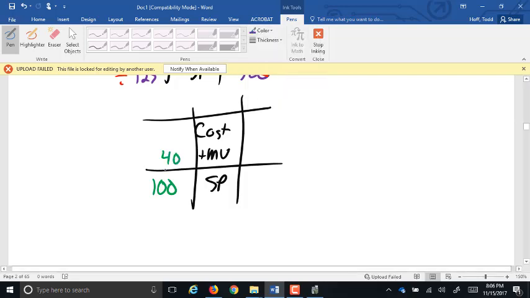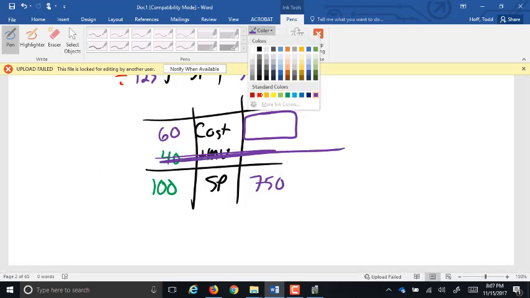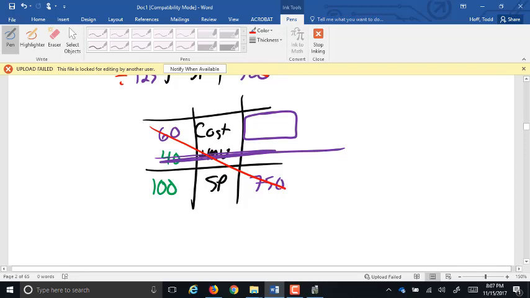That means the cost is 100 minus 40 or 60%. If we have a selling price of 750 bucks, we are asked to find for 32 the cost. So I'm going to ignore the markup for now. That'd be 60 times 750 divided by 100, which is 450 bucks.